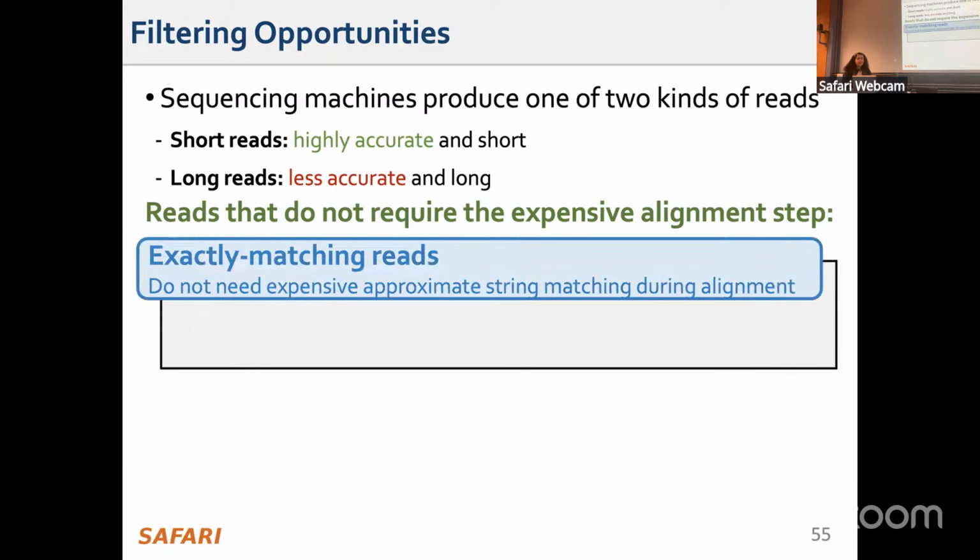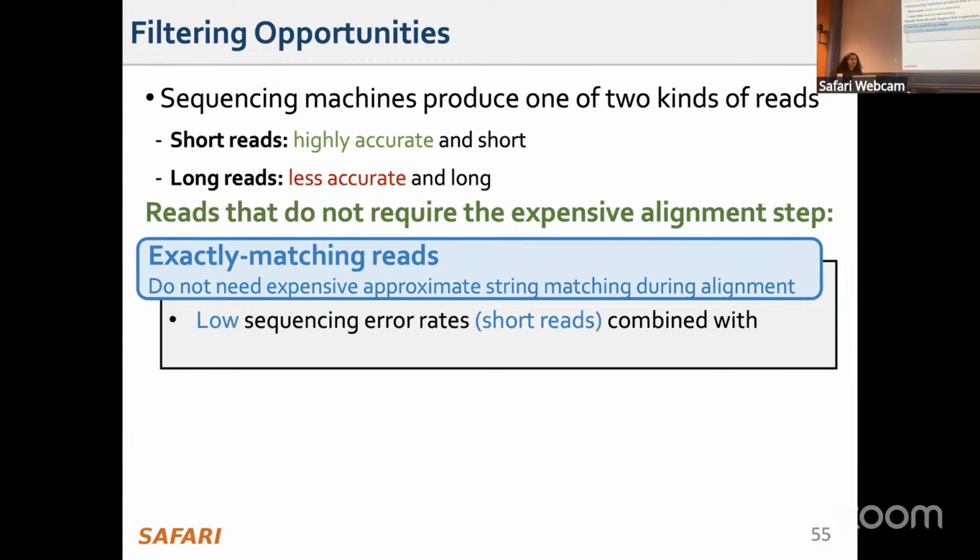One are exactly matching reads, because we do not need to do approximate string matching if something exactly matches, right? With a simple XOR, you can already find what matches. You don't need to do a whole dynamic programming for approximate string matching. This applies to short reads with low sequencing error rates and low genetic variation.